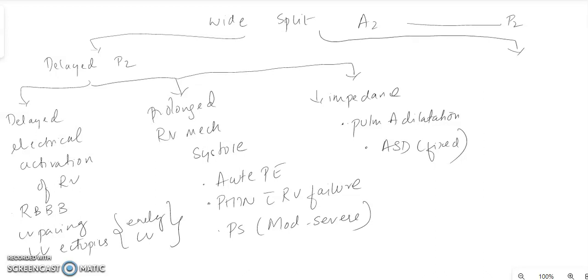It might also be due to early A2, seen in shortened left ventricular ejection time, because in MR there is backward flow, and in VSD due to shunting, the LV ejection time is decreased.